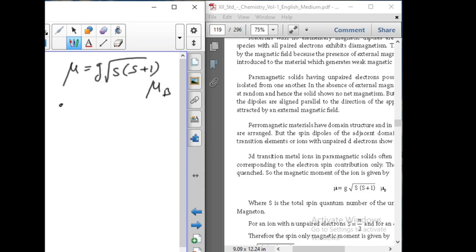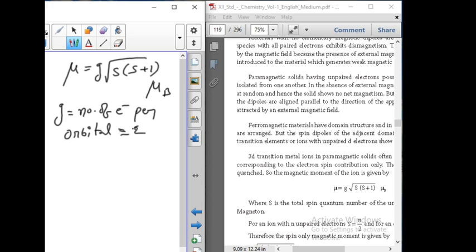g stands for the number of electrons per orbital. Orbital means one box. One box containing a maximum number of electrons is 2.